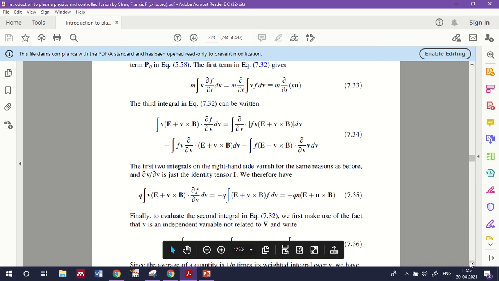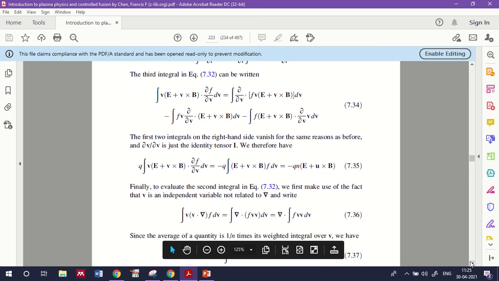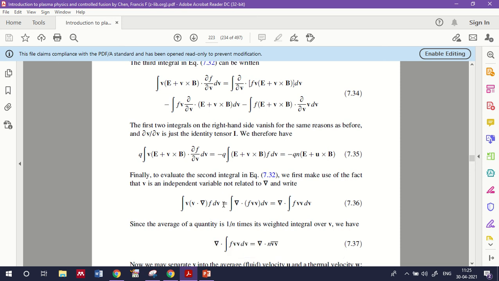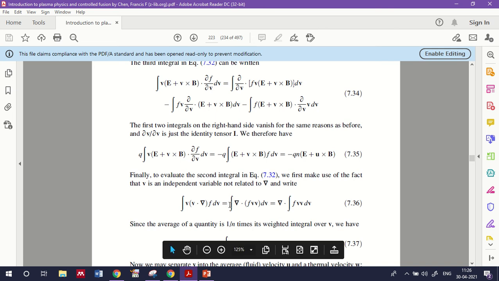Finally, the second term. We know the second term, v into v dot delta f dv. We have said that already, v is an independent variable here, which is not related to delta. So we can write it as integral delta dot f v dv.